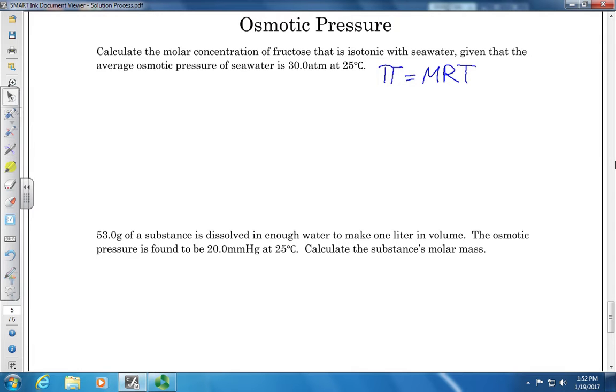Okay? So what we need to calculate here is actually the molar concentration, or molarity. So we're going to manipulate our formula.